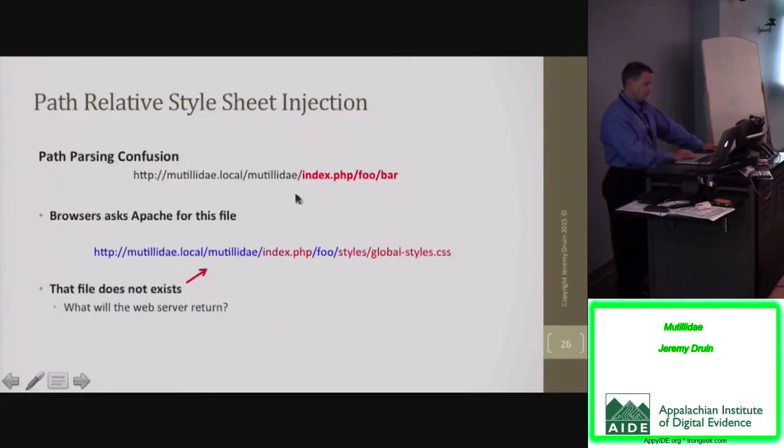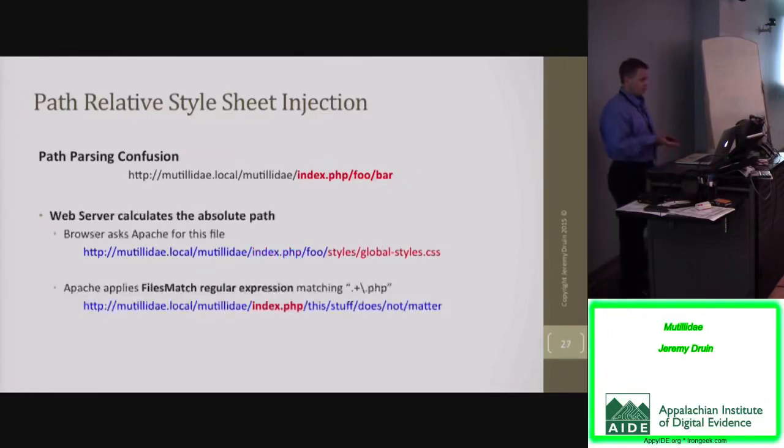So the browser is going to ask Apache for this file, but the file doesn't exist. What's the web server going to do? Well, the web server is going to do what it always does, which is it's going to look for the regular expression matching the .php on the end.